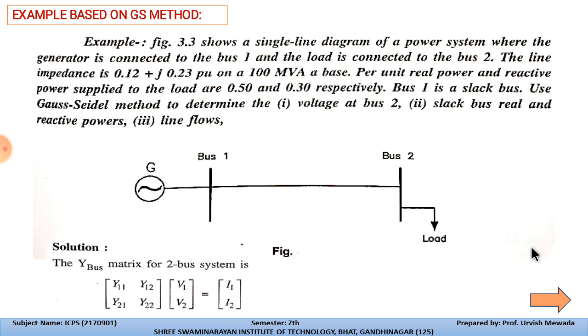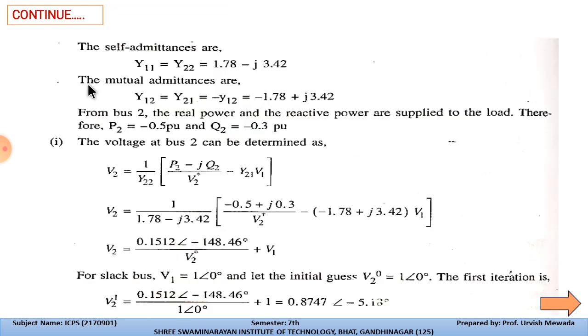This is the equation that is followed and this is the formation of the matrix. And the self admittance Y11 is equal to Y22 is equal to 1.78 minus j 3.42, and Y12 is equal to Y21 is equal to minus 1.78 plus j 3.42.